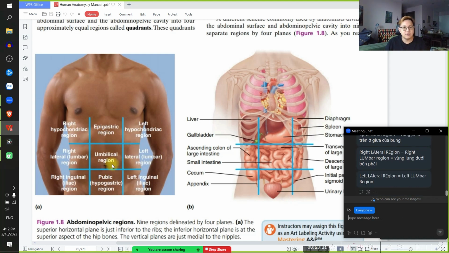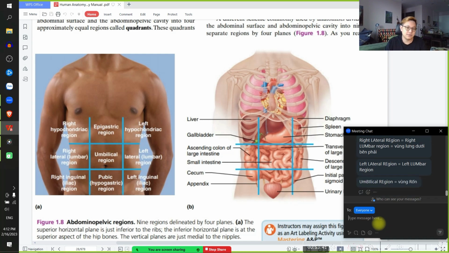And then in the middle we have the umbilical region, okay? Right at the navel. Umbilical region. Of course, there's only one umbilical here. And if we go down now, we have inguinal.